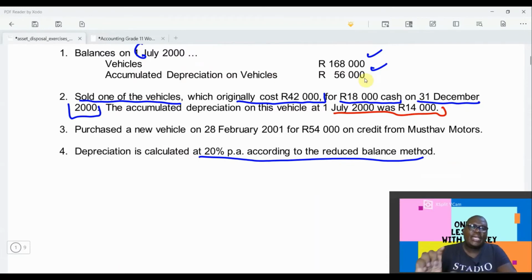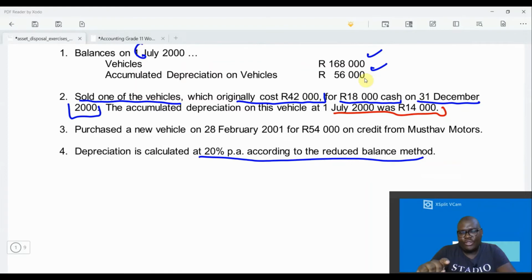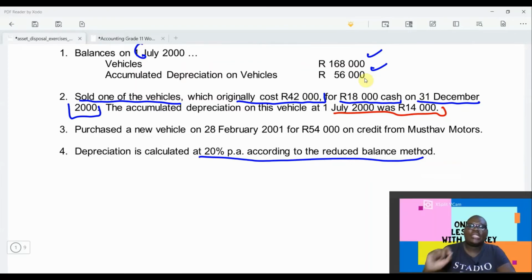So to get the depreciation of the old vehicles, we need to take out the accumulated depreciation of 14,000 from the 56,000.